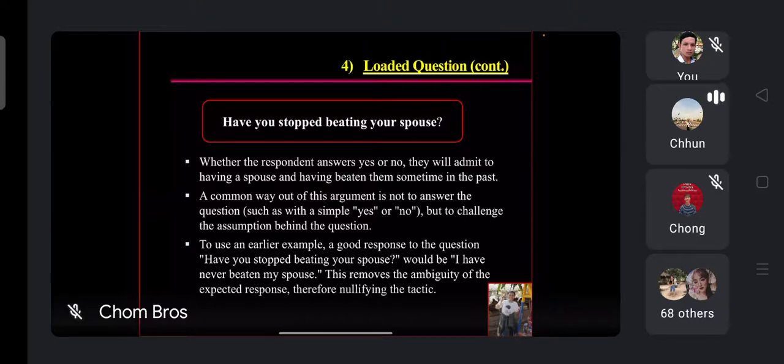So these are the strategies to get out of the loaded question: adding extra explanation behind the answer, and removing the ambiguity of the expected response.